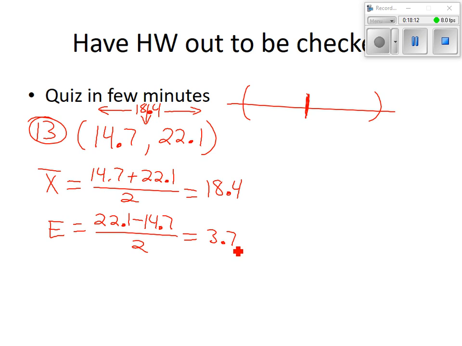You're saying, all right, right here I got 18.4. I'm going down 3.7, I'm going up 3.7 to get my interval, my range that I'm saying that our mu falls in. Other questions?